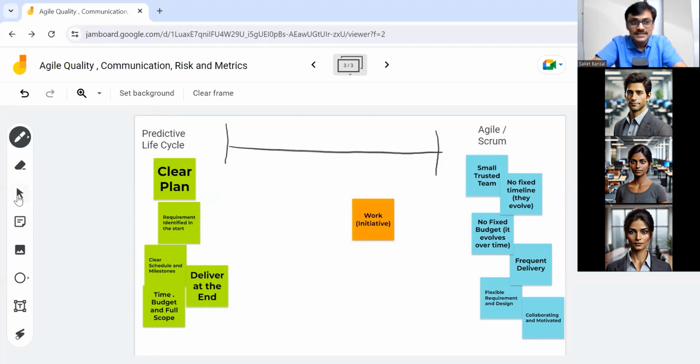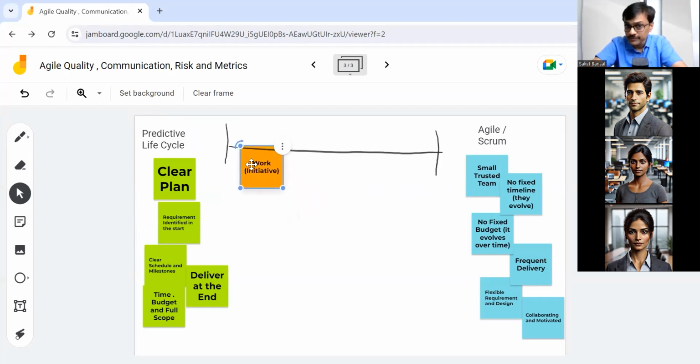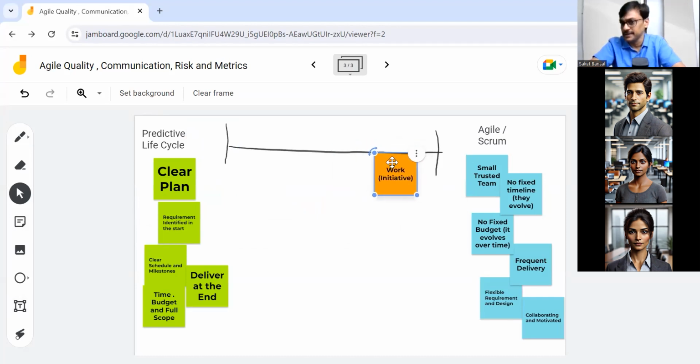Sometimes you may be here, which means you have, say, 80% predictive and 20% agile. Here is more predictive and here is more agile, and you may be here where you can say we are 80% agile and 20% predictive.